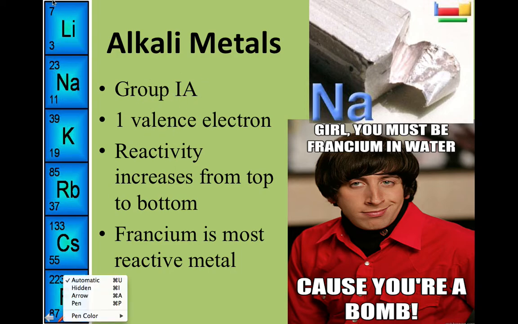Every single one of these is an alkali metal. Also remember this, alkali starts with an A, so think alphabetically, reading from left to right. And francium down at the bottom is by far the most reactive.